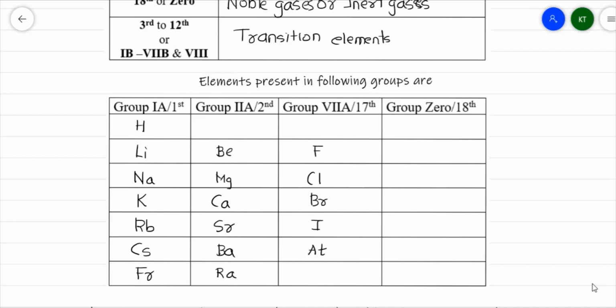Then the elements present in the 0 group or 18 group, which are called inert gases or noble gases, are helium, neon, argon, krypton, xenon and radon.